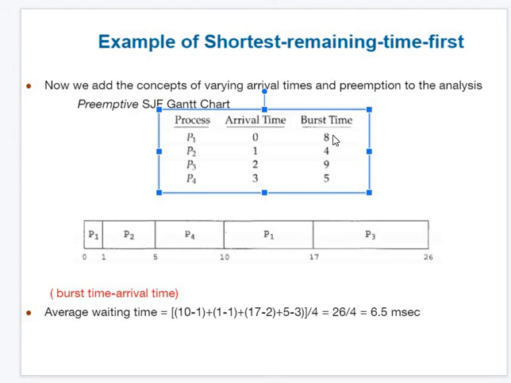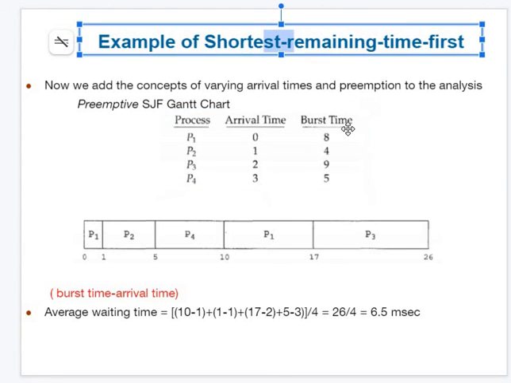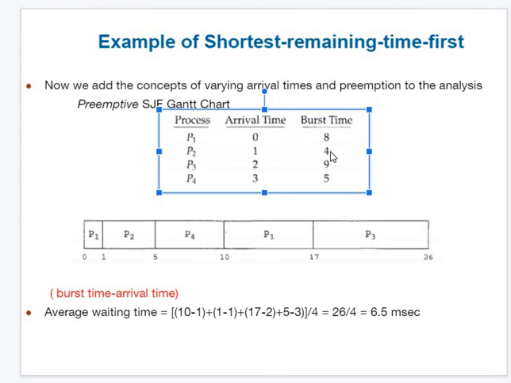Out of 8, 1 second completed, so 7 is remaining. Among 7 and 4, who is smaller? Because it is shortest job, 4 is smaller. So for one more second, I will allocate P2.